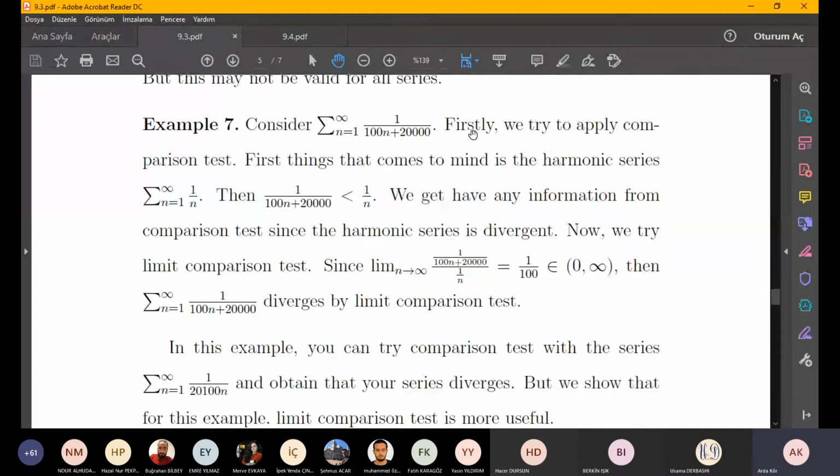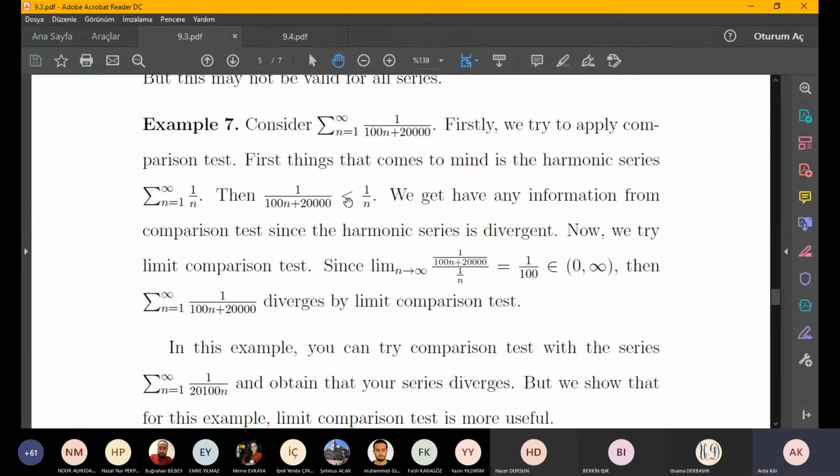Firstly, here we will try to apply the comparison test if we can, and we will compare the general term of our series with the general term of the harmonic series.